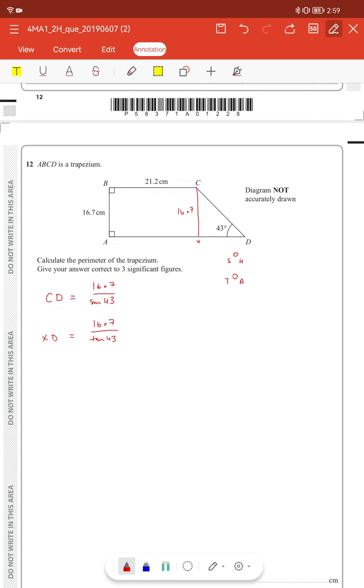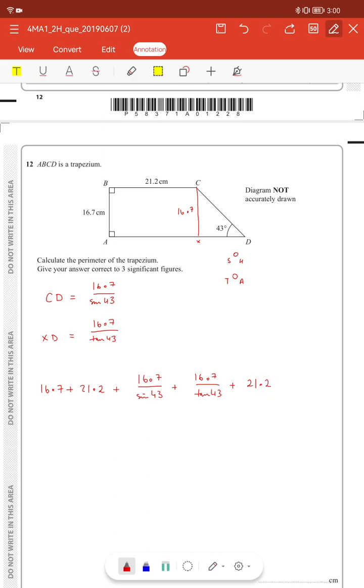Now to work out the perimeter, I would leave your answers as accurate as possible. So the perimeter would be 16.7 plus 21.2 plus 16.7 over sine 43 plus 16.7 over tan 43 plus 21.2.